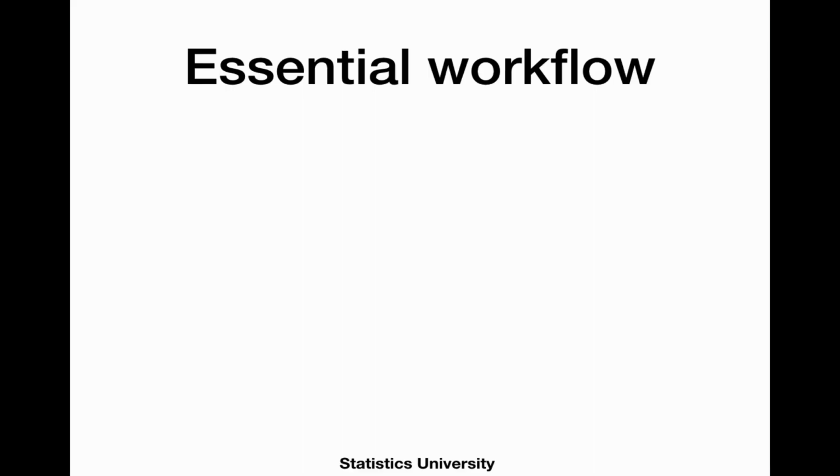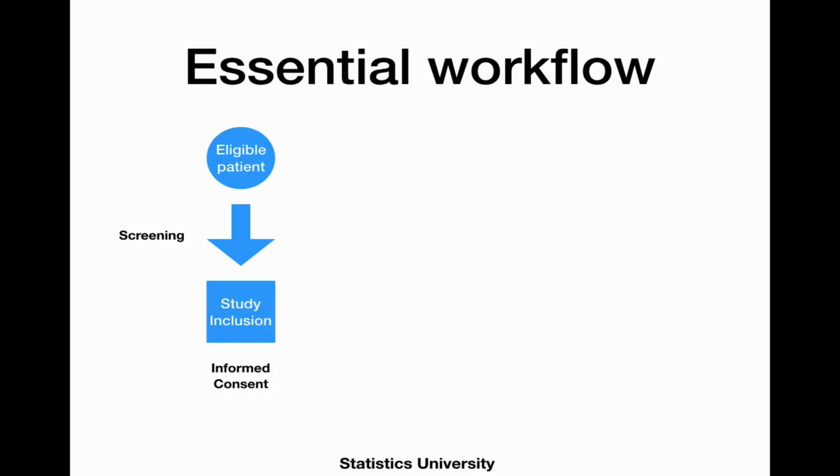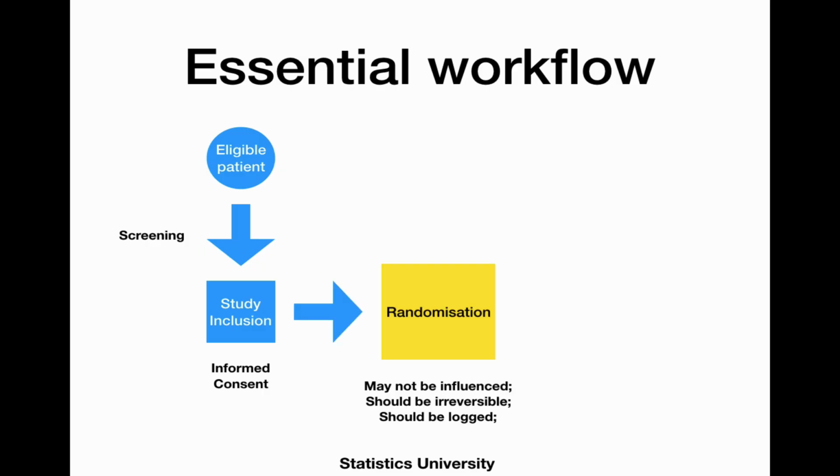The workflow in a trial goes as follows. You want to screen an eligible patient, and if that patient can be included in the study and provides informed consent, then that patient gets randomized. And the essence of that randomization is that it may not be influenced, it should be irreversible, and it should be logged.